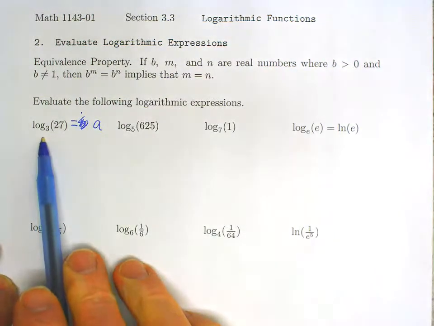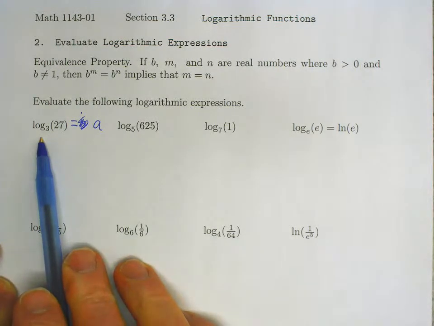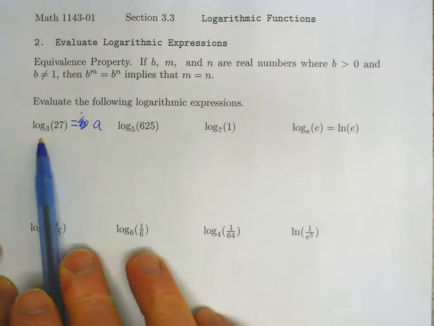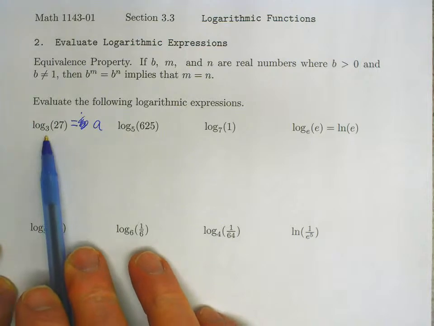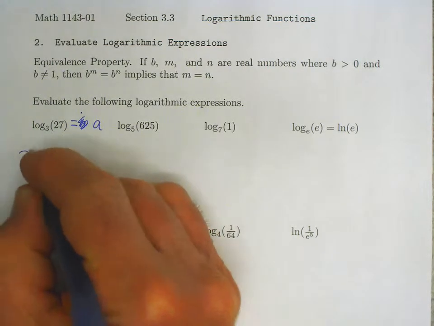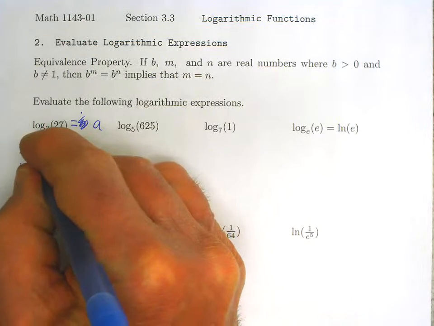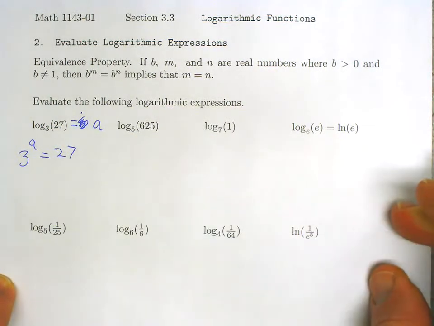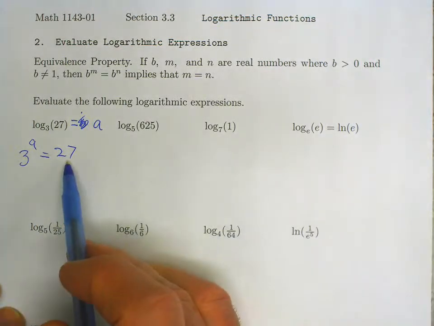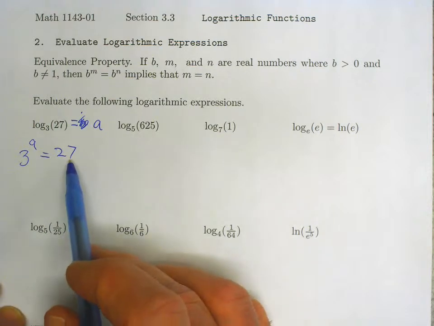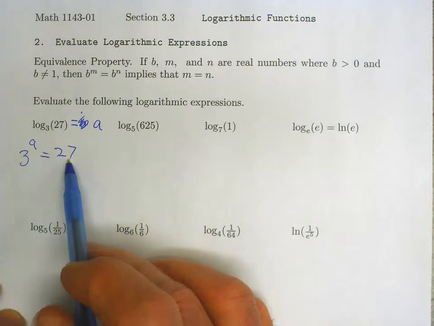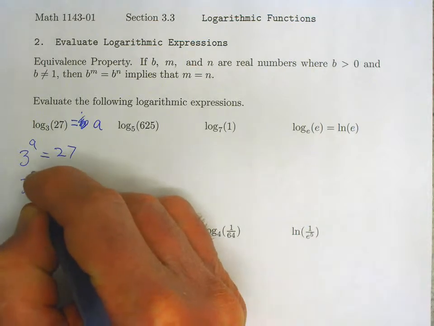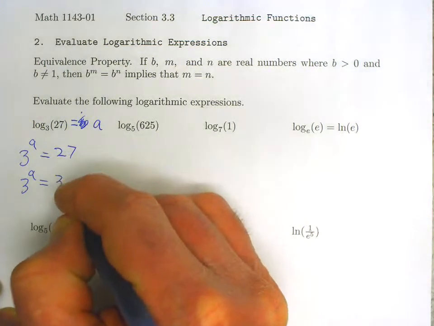And then if we convert this logarithmic equation into an exponential equation, the base number 3 raised to the exponent a equals 27. And you'll recognize 27 as a perfect third power. 3 to the 3rd is 27. So I'll write this as 3 to the a equals 3 to the 3rd.